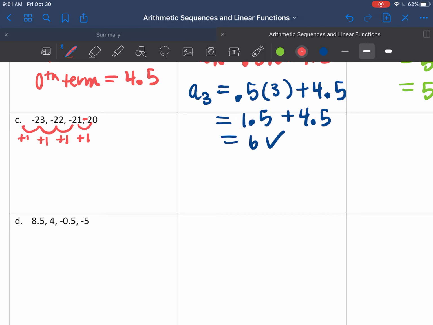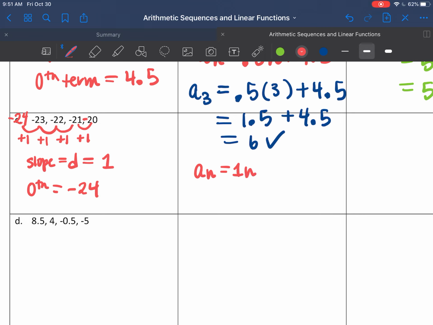Okay, and so we are adding 1 each time, and so what number plus 1 gives us negative 23? Our 0th term would be negative 24. And so our slope, or our common difference, constant rate, is positive 1. And then the 0th term, or our y-intercept, is negative 24.